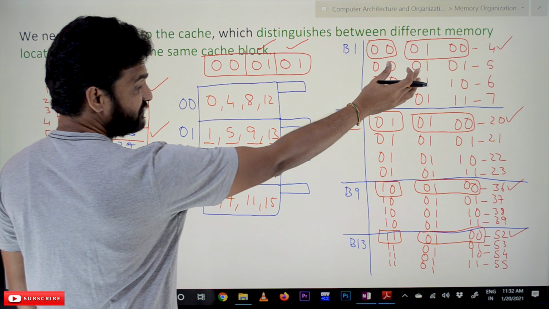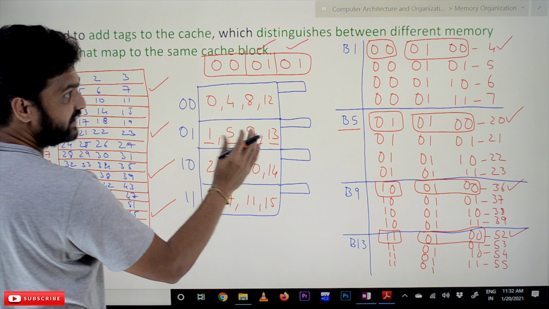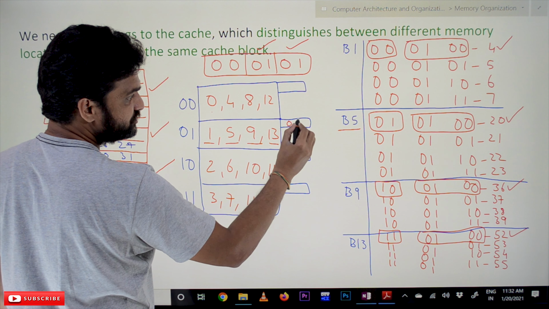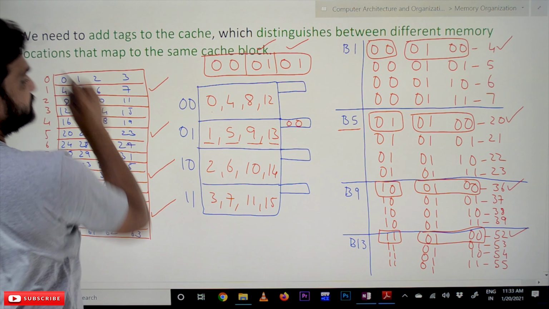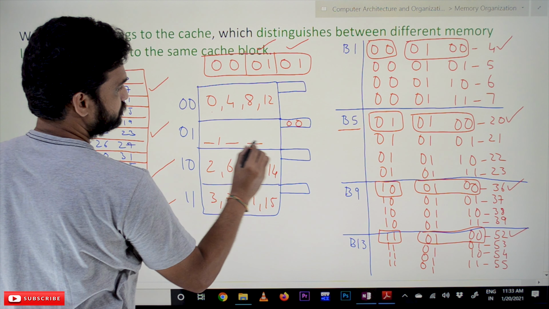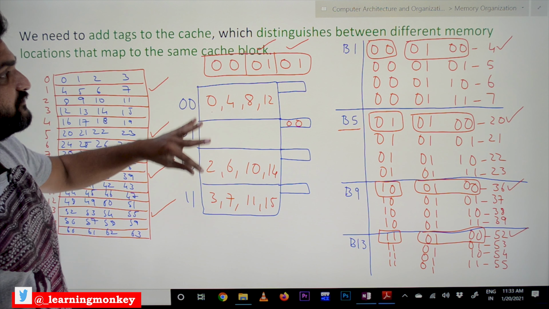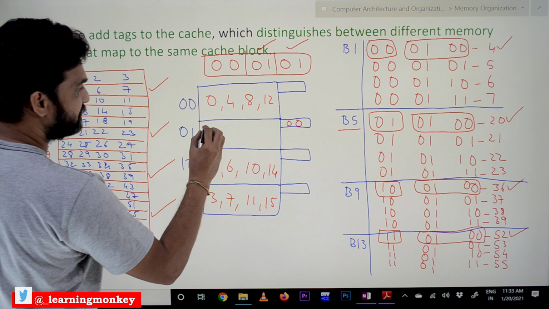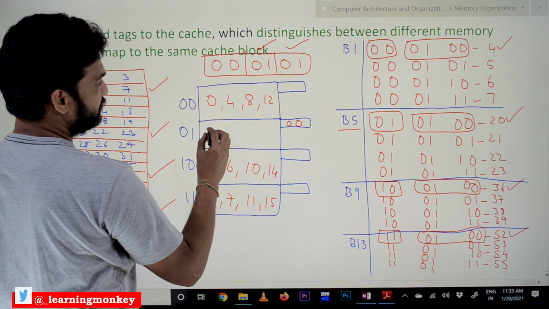So whenever we have block 1 on line 1, it is going to be stored with 0 0. For example, if block 1 is there in line 1, what are the memory locations that we are going to have?